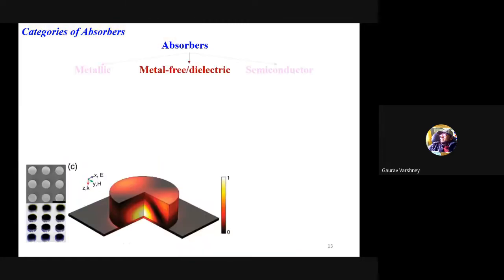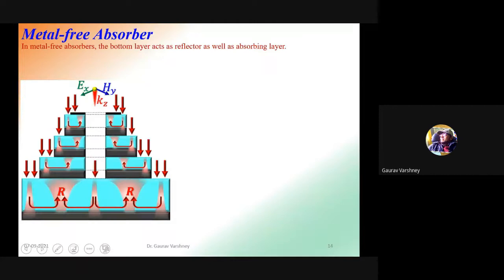Furthermore, we can categorize the absorbers in the case of metal-free or dielectric structures. So generally, some structures are over here. This is spacer, blue color part is representing some dielectric spacer, and at the back side this is graphite.